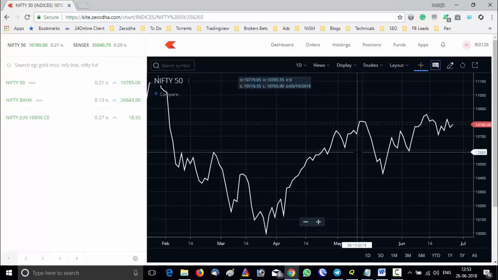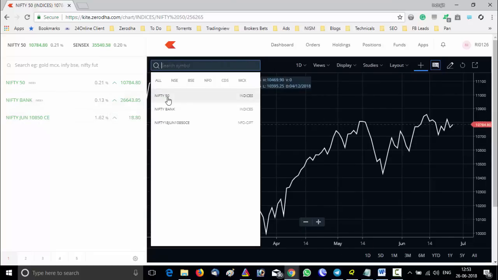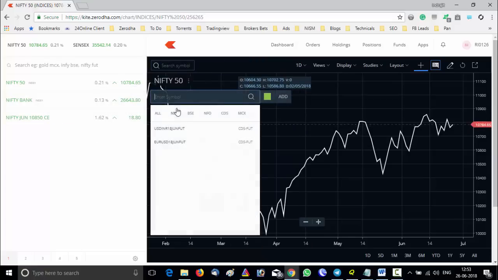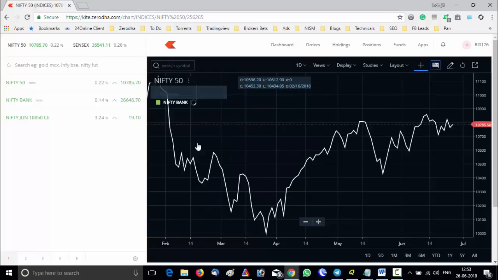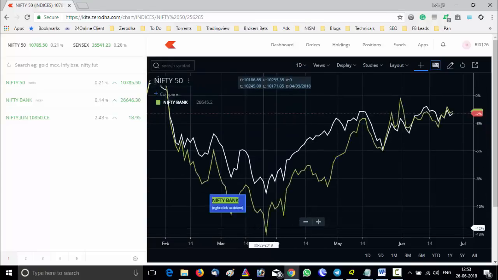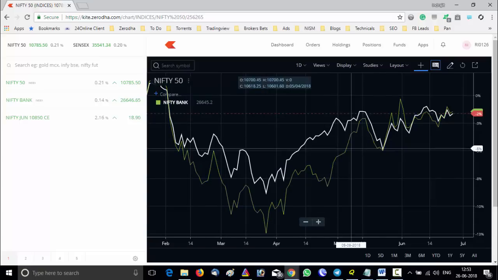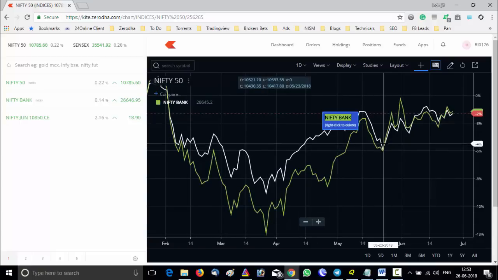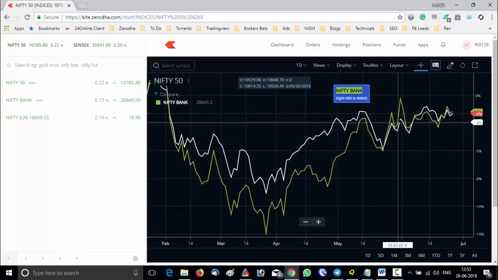Now I'll show you how you can do a kind of pair trading. Suppose we open up Nifty and Bank Nifty. Here in compare, let us open the Nifty Bank chart. See, whenever the Bank Nifty line crosses the Nifty line, that means Bank Nifty is stronger than Nifty.